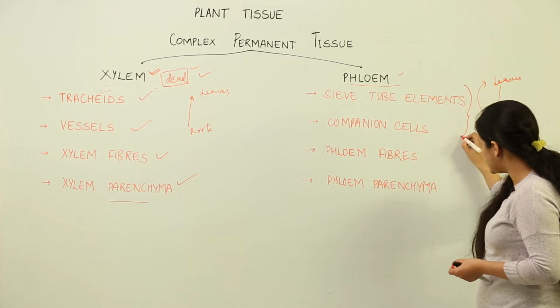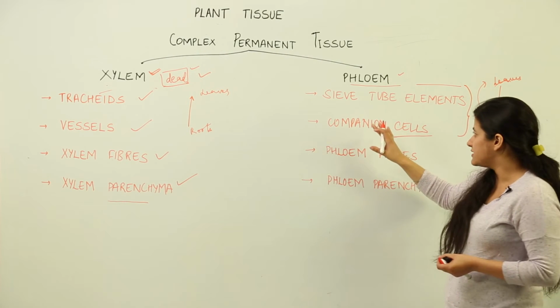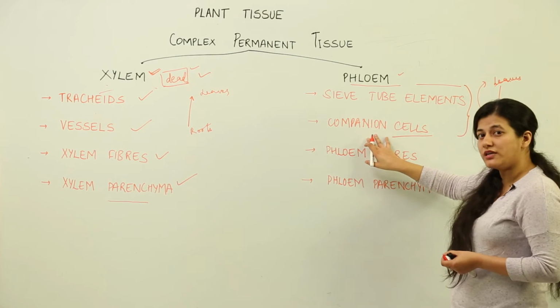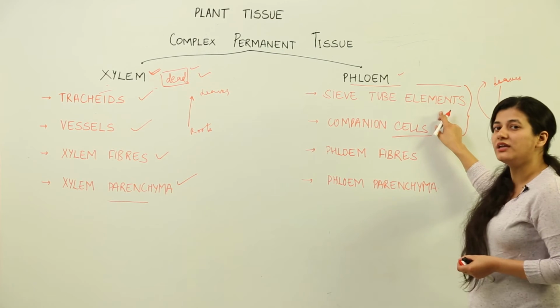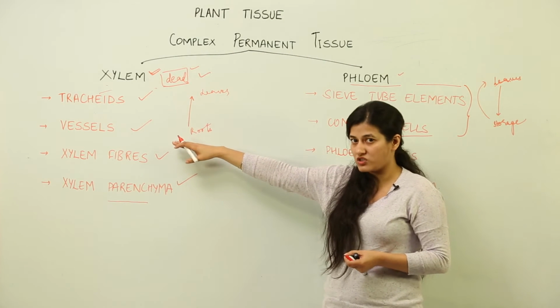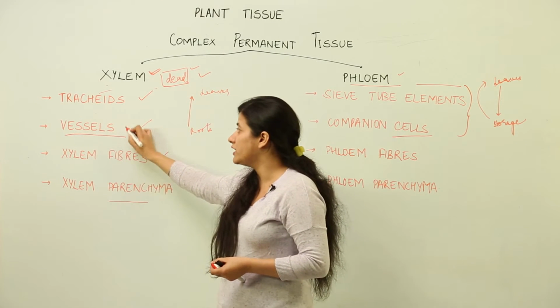These two cells, whether they are living or non-living, that is a little bit dicey, because this cell does not have a nucleus. The nucleus governs the activity of the cell, that is, the sieve tube elements are the main conducting cells. In case of xylem, it is both tracheids and vessels which are the conducting cells, but vessels are evolutionarily advanced.